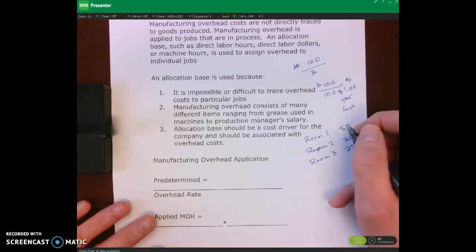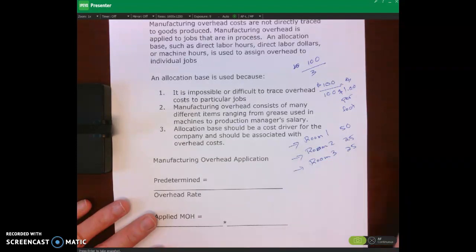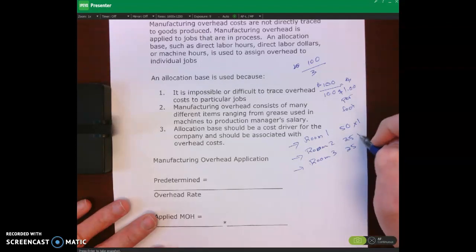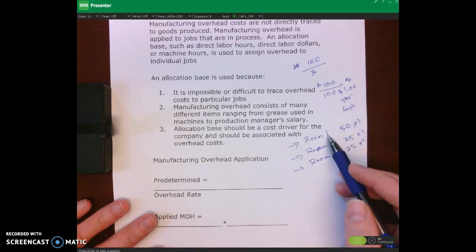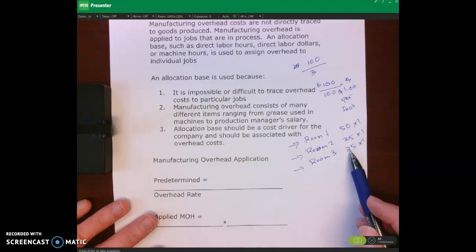Then all we have to do is ask how much of the allocation base, the square footage, each roommate used times the rate. Roommate 1 pays $50, roommate 2 pays $25, and roommate 3 pays $25.